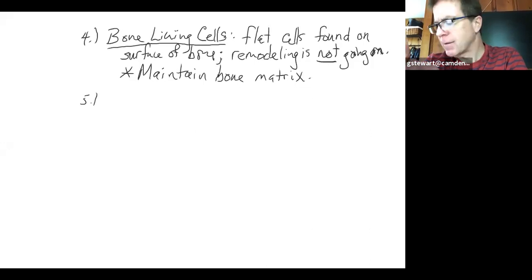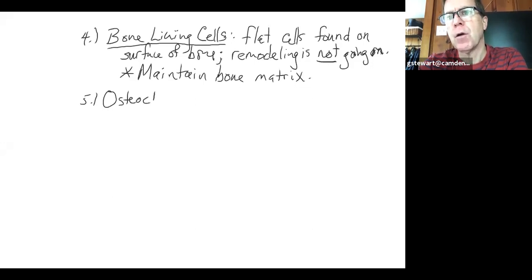Finally, the last type of living bone cell in bone tissue is an osteoclast. Sounds like blast, but it's a C instead of a B. Osteoclast. And they're sort of like the opposite of osteoblasts. Always think of osteoblasts as immature bone cells. They make new bone tissue.